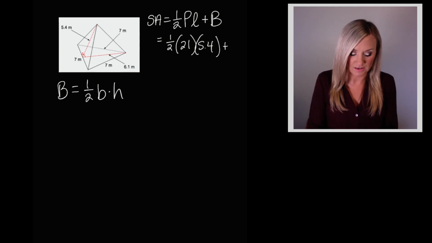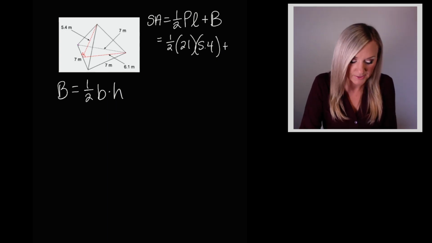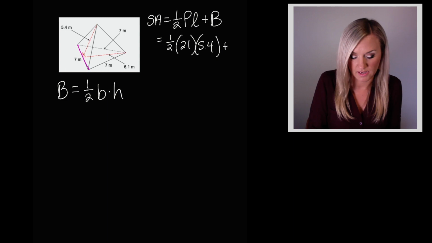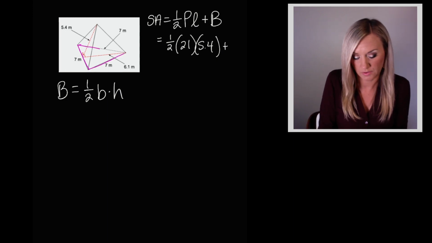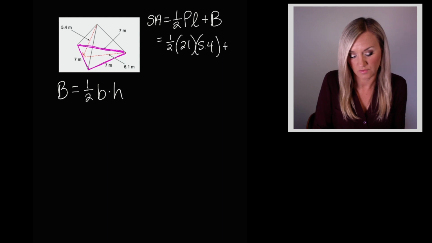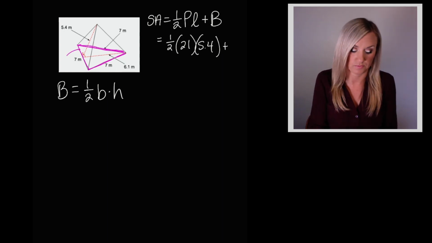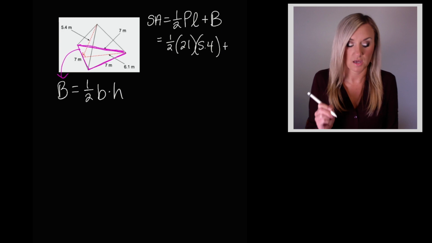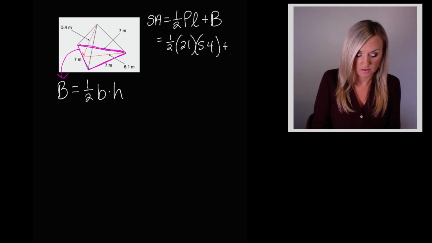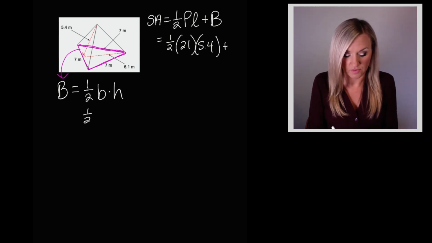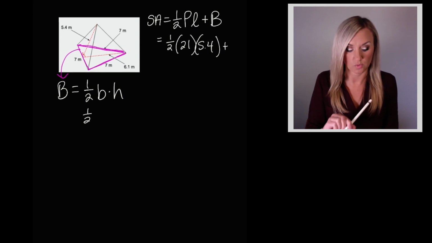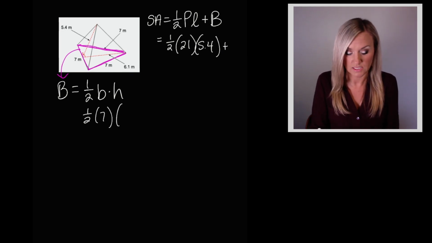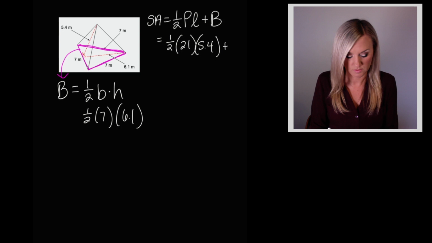And I just want to take a minute to highlight that on the diagram here. We want to find the area of this triangle, that's capital B. And so to do that, we want to take a look at the base of that triangle, which would be 7, times the height of 6.1.